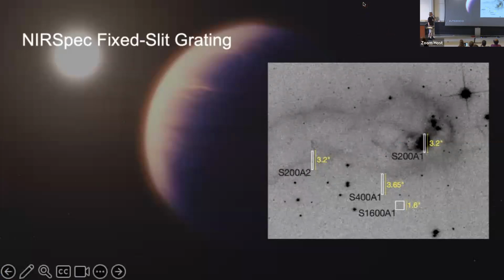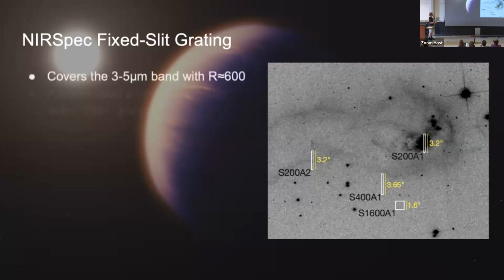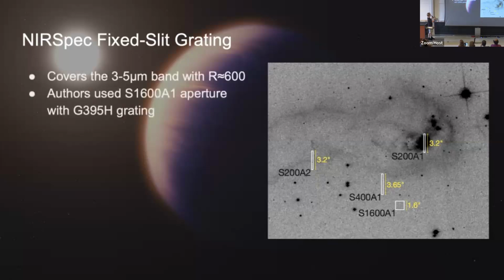All right, so I'm going to be talking about the data that we analyzed. This data is from the NIRSpec fixed slit grating mode, which is to differentiate it from using the micro shutter assembly. Just for a little bit of context, this was done using this particular aperture, which is this little square one in the bottom right of this image.